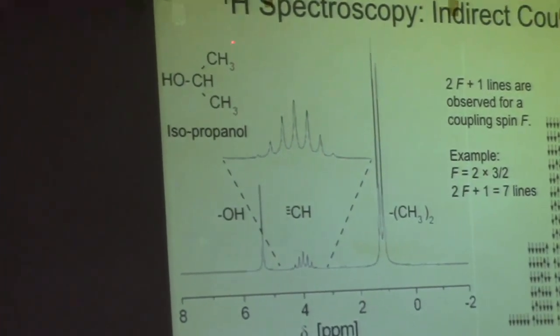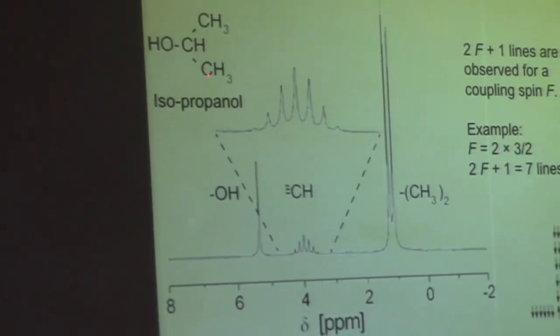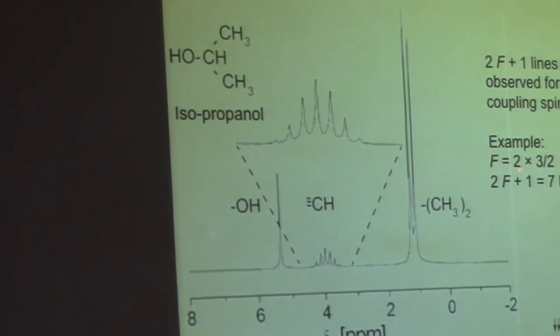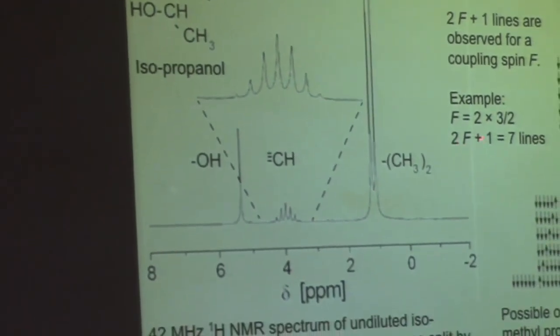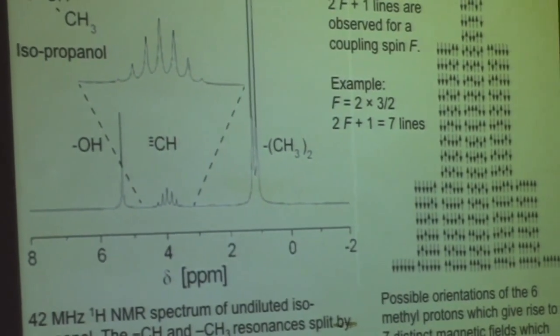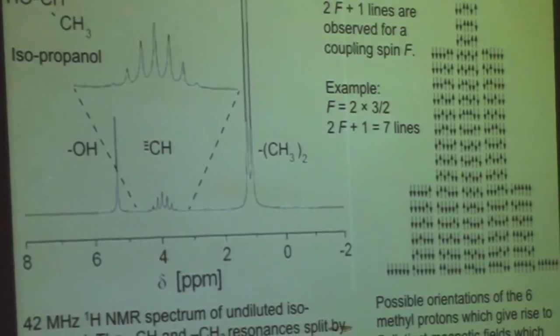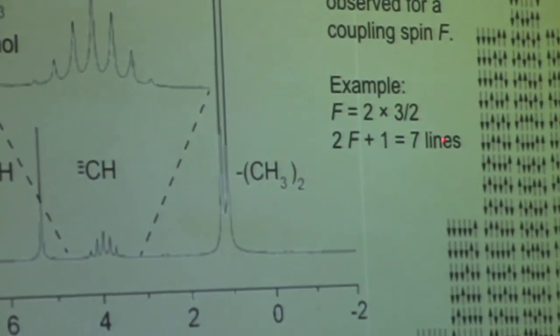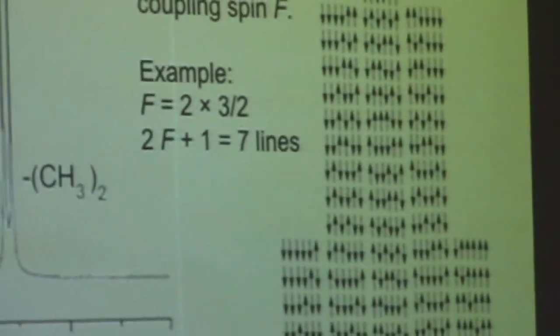And so 3 halves plus 3 halves is 6 halves. 2 times 3 plus 1 is 7. So we have 7 lines that we expect, and we observe indeed 7 lines.